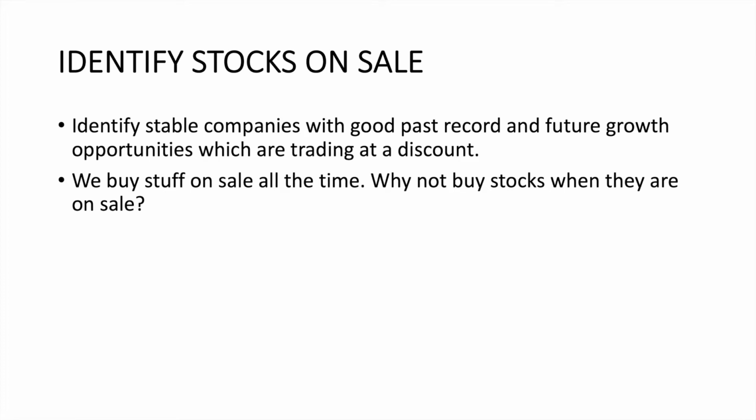So this is the time when we go in, because now a stock has already shown that it can go much higher than the current price, but we are still able to get into a trading position in this particular stock at a reduced price. And that is what identifying stocks on sale is all about.